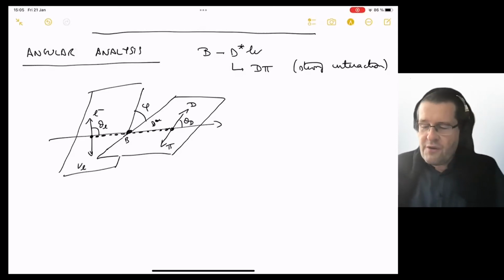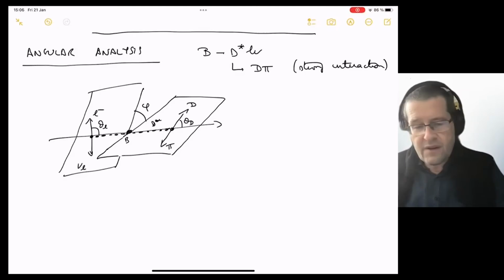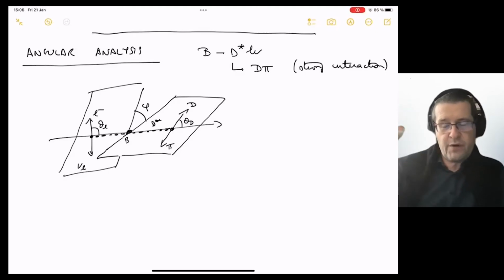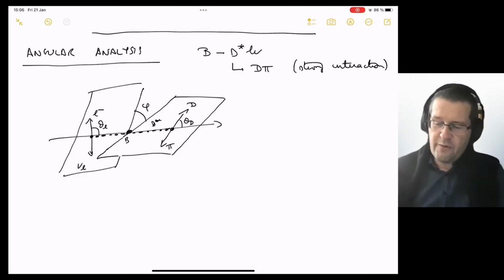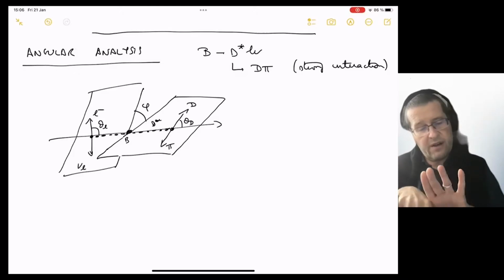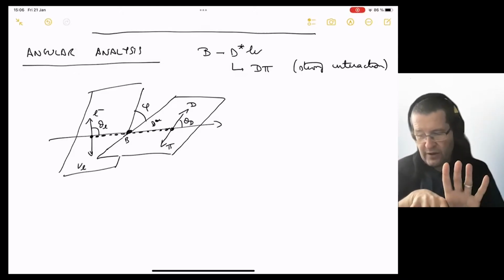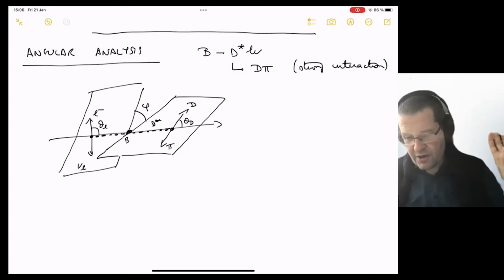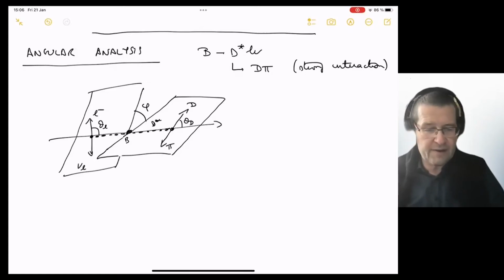And so you have different angles that will help you to define, in their respective rest frames, the angle of the D, the angle of the lepton, and then the relative angle between the two planes corresponding to the two emissions on the hadronic and the leptonic side.